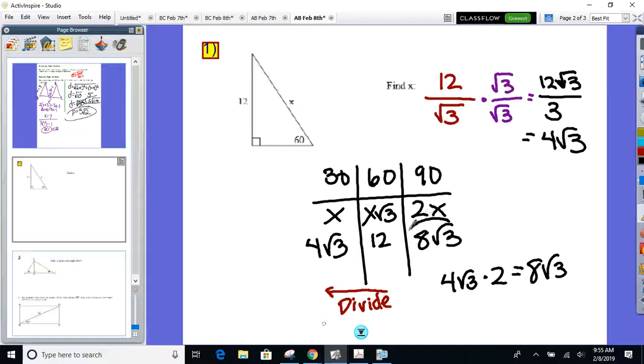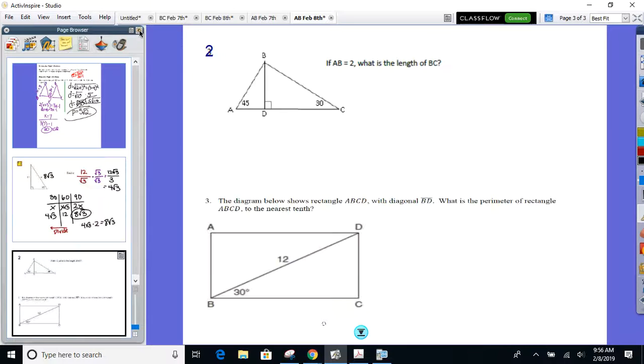So x is 8 radical 3. Anytime you need to go to the left on the table, you want to divide by what's there. That's the toughest place to be, the side across from 60. Divide by radical 3, then multiply by 2. Questions there?